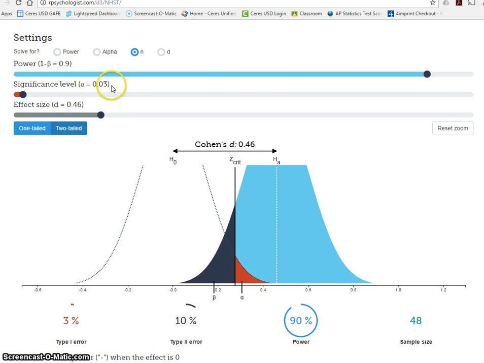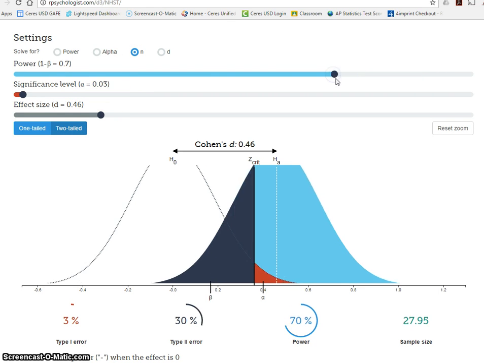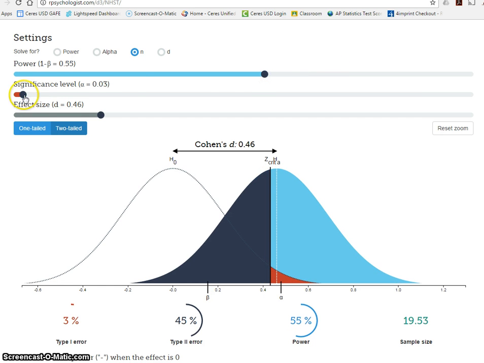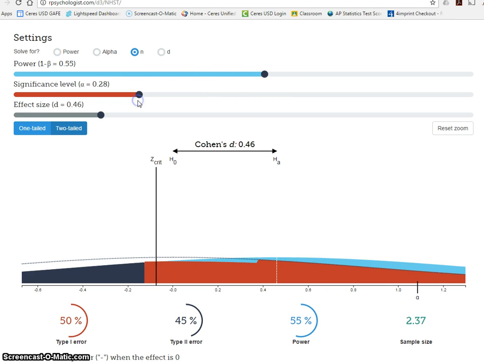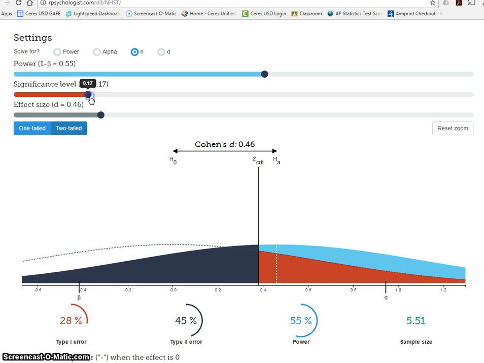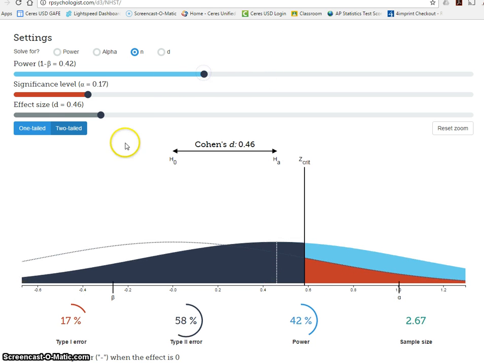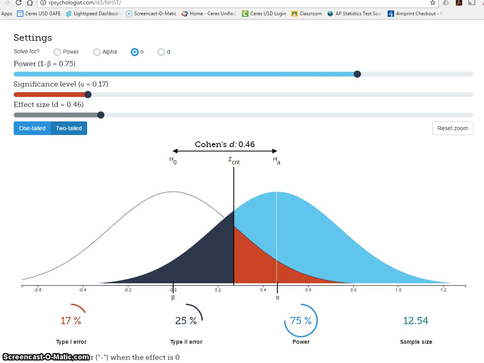We want to, okay, we're going to put these at the same place right here. I know that looks weird. Hold on. Oh, we can't do it at the same time. All right, watch this. Okay, we've got power. Increase the power, sample size goes up.